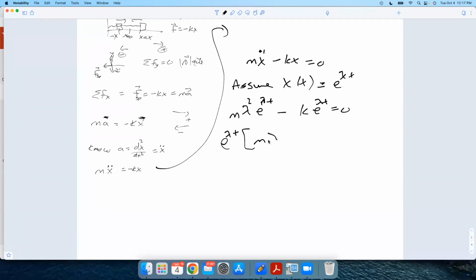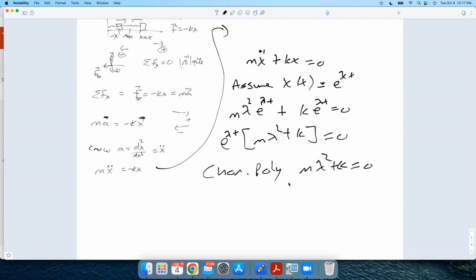We get m lambda squared minus k. Wait, something's not right. That's a plus. This was negative on the right. When I moved it over, that's plus. Sorry, plus equals 0. So my characteristic polynomial, m lambda squared plus k equals 0.